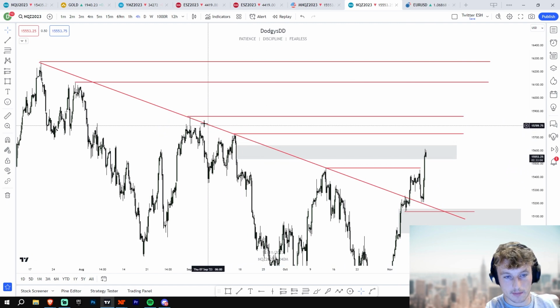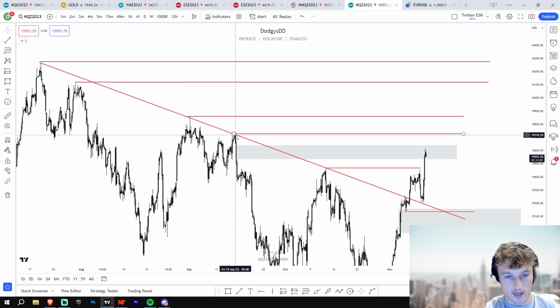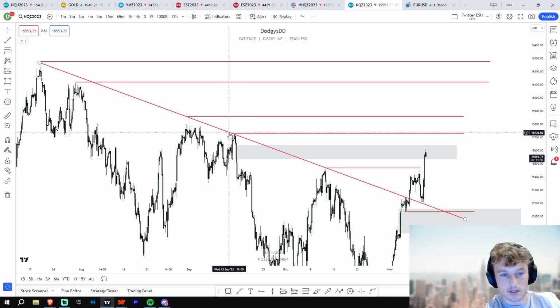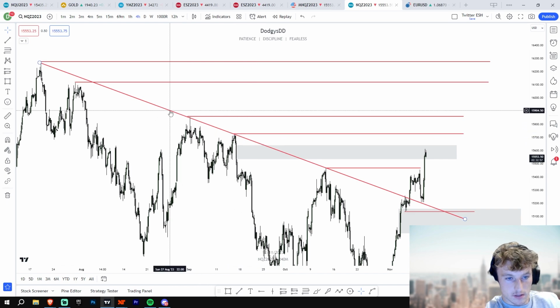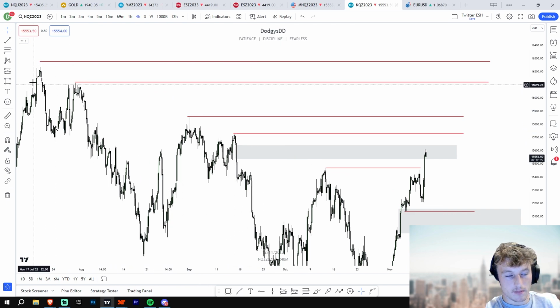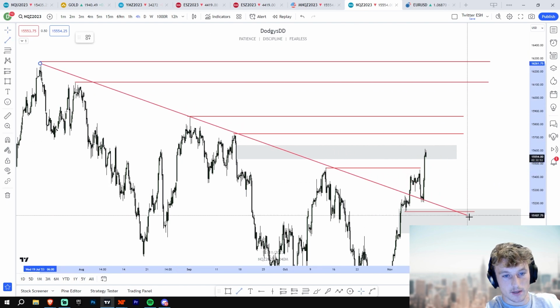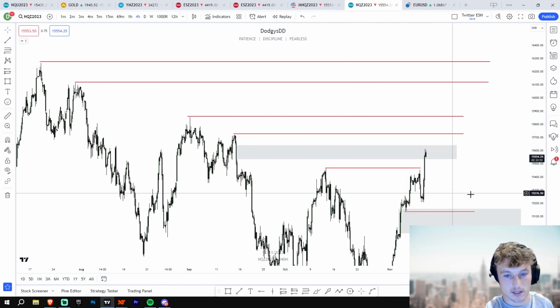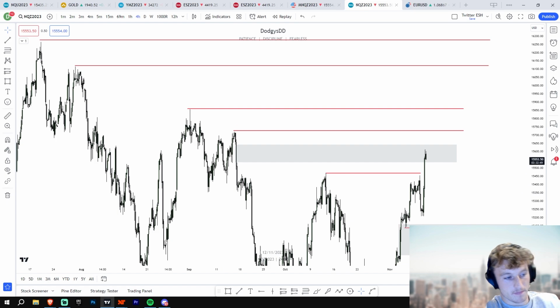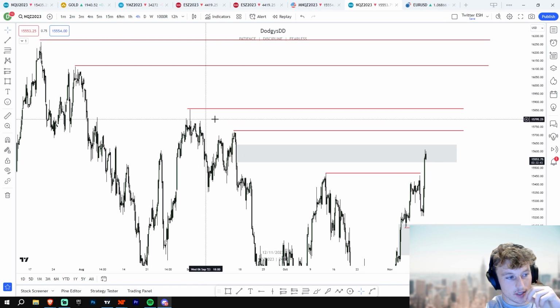So where are all their stops going to be? Above the old highs and old lows. Okay, but in this case, they're going to be above the old highs. So especially when a trend line looks algorithmic like this, those are the best ones, obviously. And I know you're probably like, oh, he's a retail trader drawing trend lines, but it's just a visual to make you guys understand a little better.